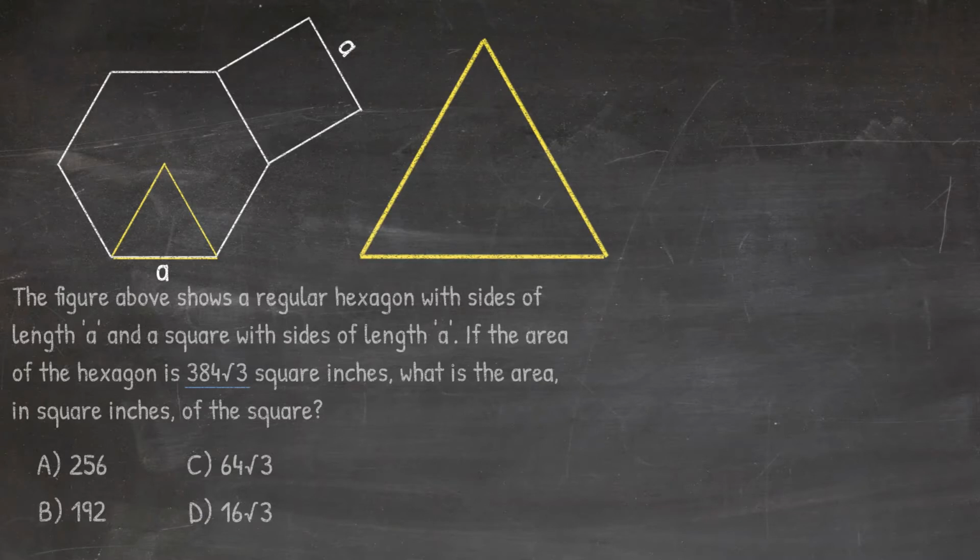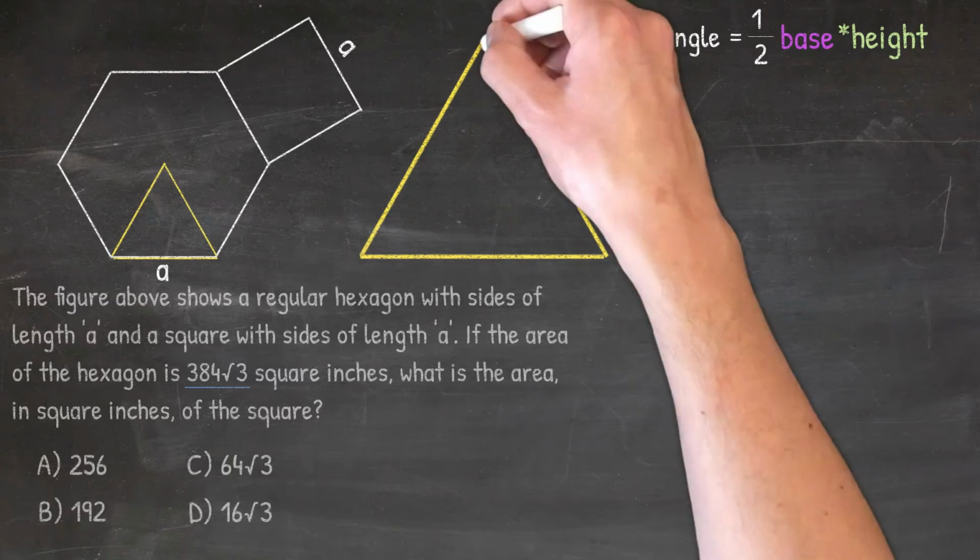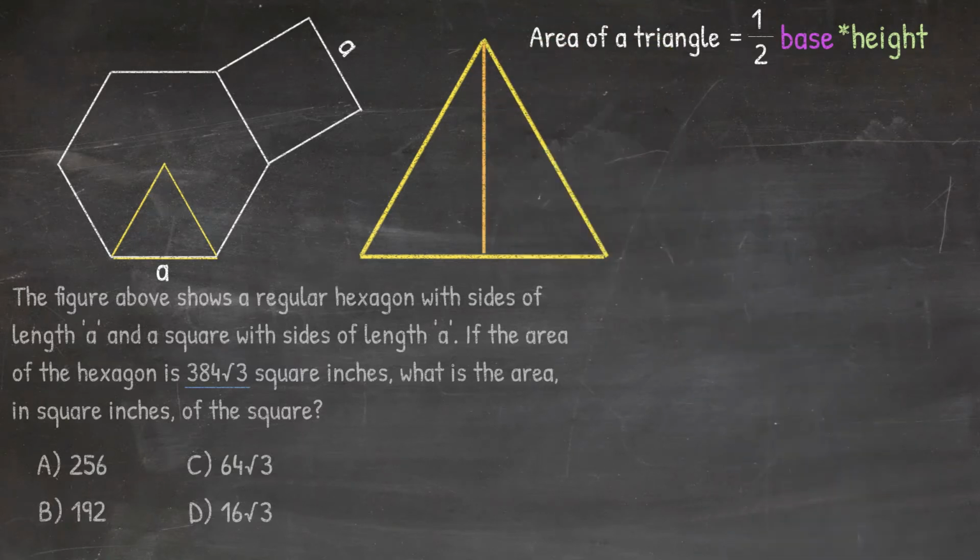Let's also think of what the area of a triangle is, and we should know that it equals 1/2 times base times height. The base is the lower part of our triangle, and let's create the height by dropping from the top corner into the middle of the lower line.